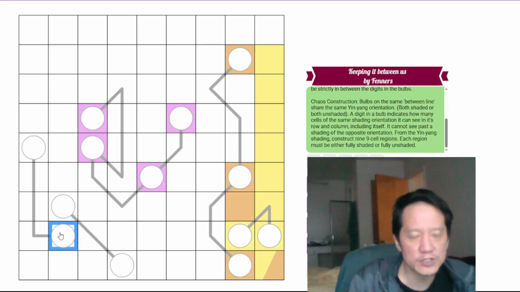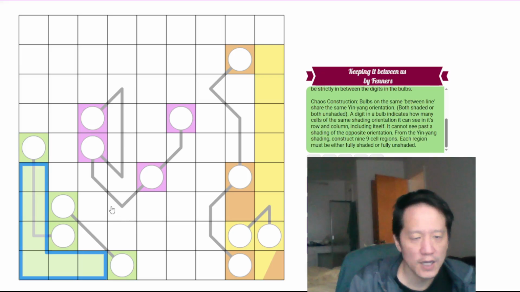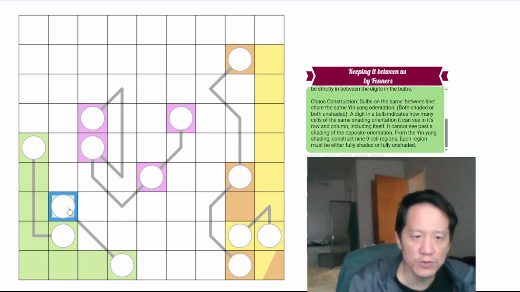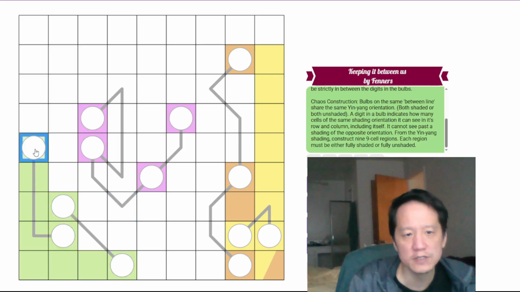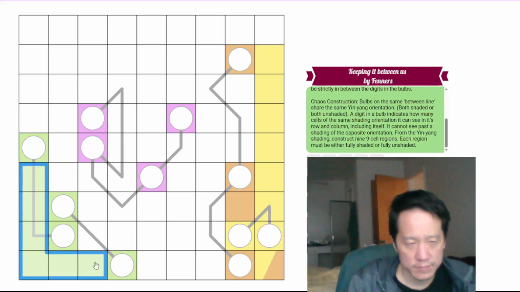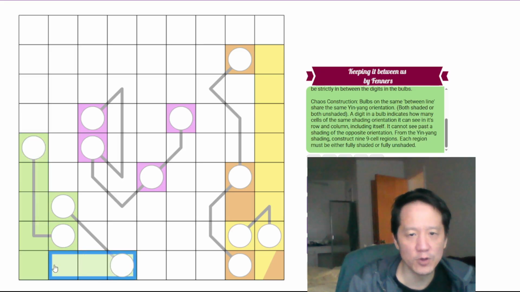These are the same shadings. And these are the same shadings as each other. What if these are all the same shadings is the question, right? Well, this would then have to be the same shadings. Aha, so that doesn't work. So if these are all the same shadings, then because you know it can't swap multiple times here, it's either all orange or it's going to be all yellow.